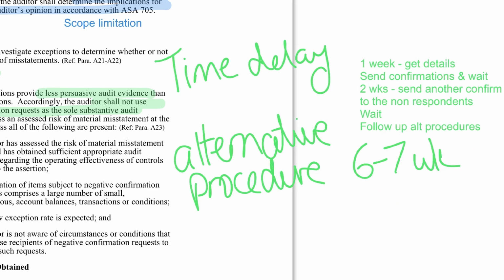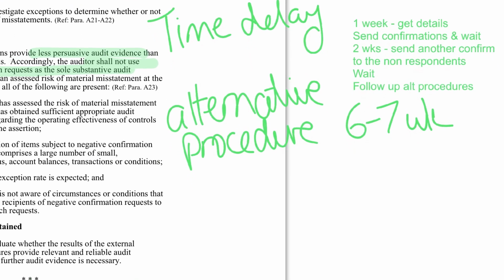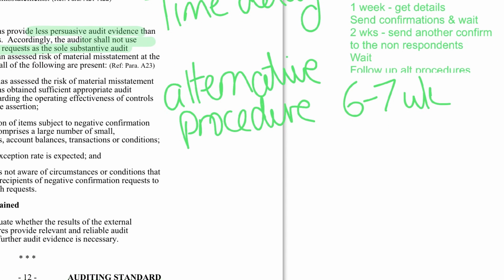When I once talked to a number of partners, and this was probably like a good 15 years ago, and I was learning about confirmations at university, and I had all these questions about whether it was a good procedure or not, I asked audit partners at the firm I was at, why are we using confirmations? Why do we have to do confirmations? And this is the reason why.